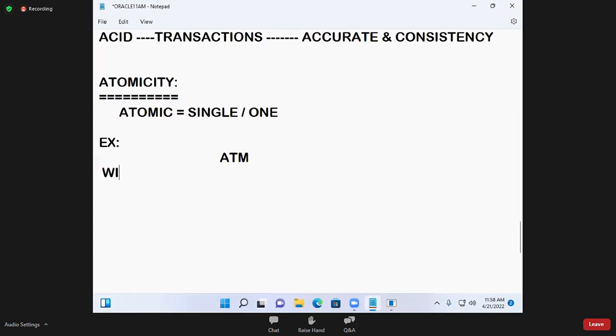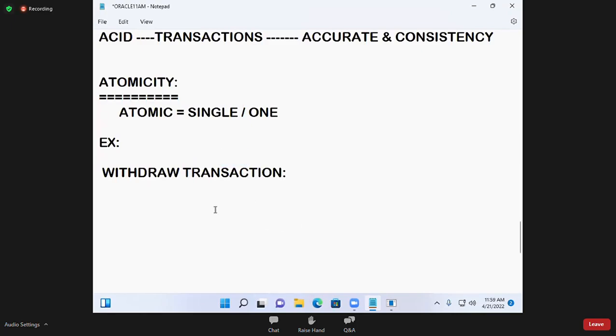But I am doing one transaction, and my transaction is withdraw. I want some money, so withdraw is my one transaction.